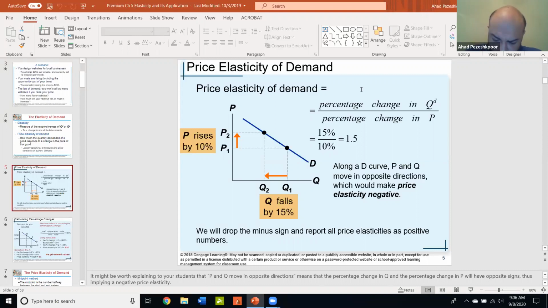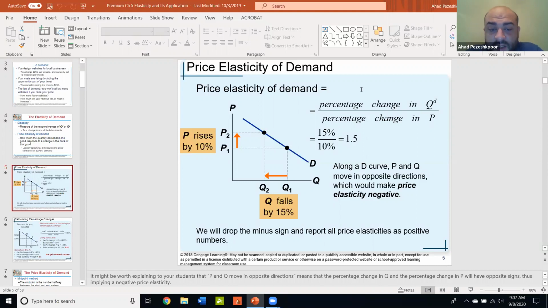For example, if the absolute change is 100 on one side and 200 on the other side, the slope of that curve would be 200 over 100. But in elasticity, we don't care about the absolute values. We want to know how responsive the quantity is to the relative changes of price.